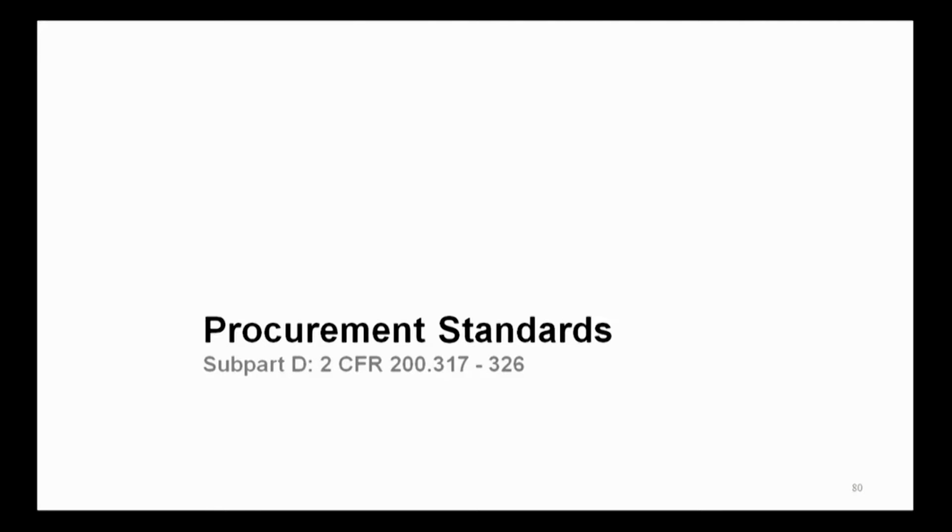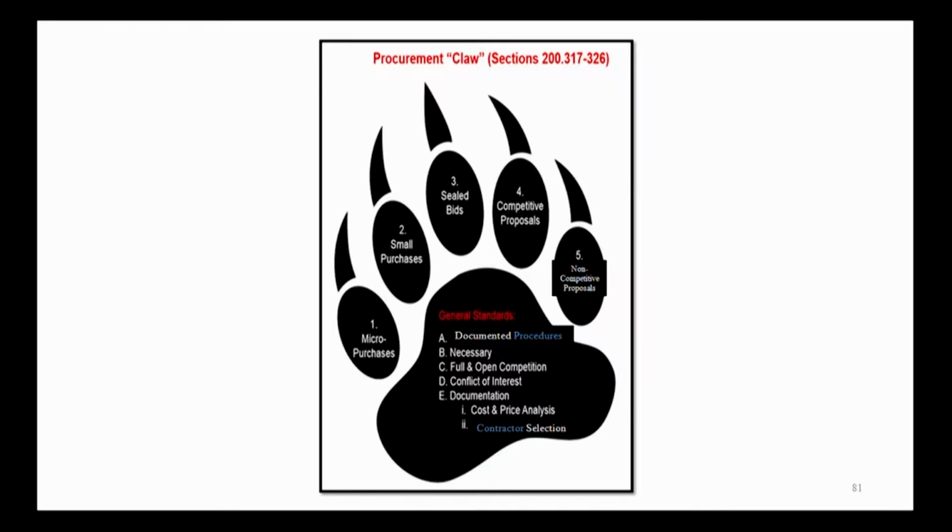The procurement standards are found in the uniform guidance between 200.317 and .326. I'd like to start off with this graphic because it really encompasses the basis of procurement requirements.